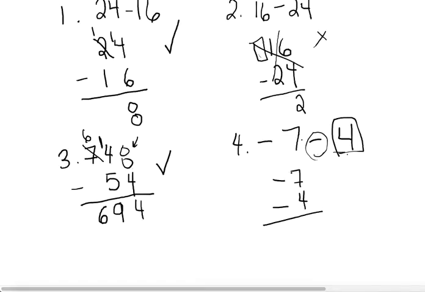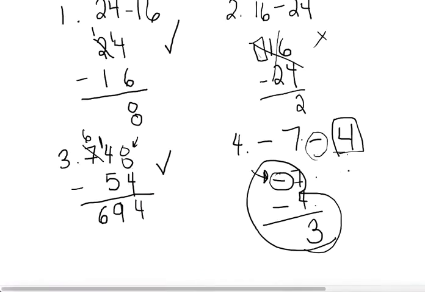Here we get into a pitfall, because many students will ignore the sign and say 7 minus 4 and get an answer of 3. This is wrong. That is not the accurate answer. The accurate answer in this case is negative 11. We'll see how we do that later, but clearly in this method, there is no way of doing that.